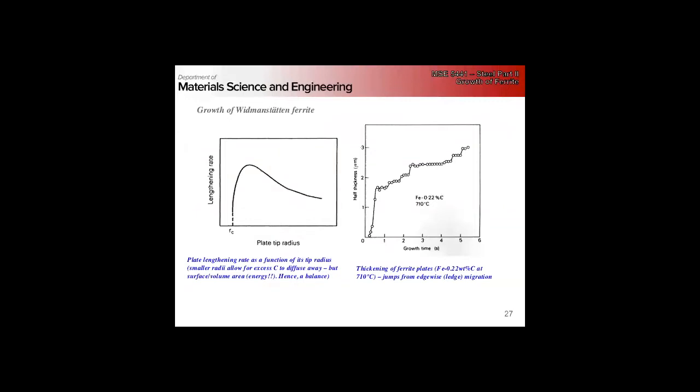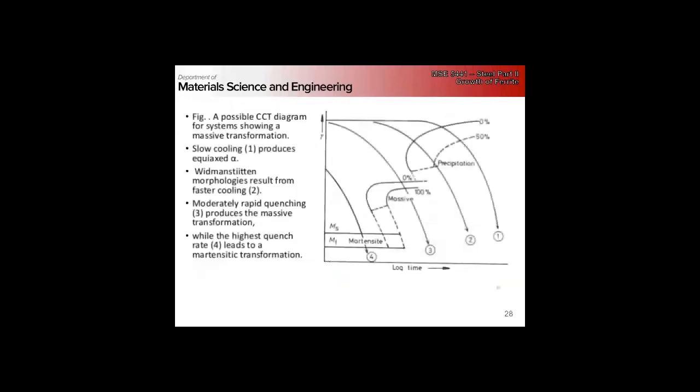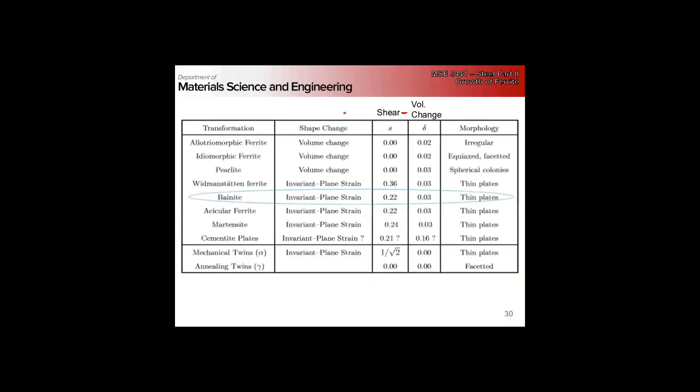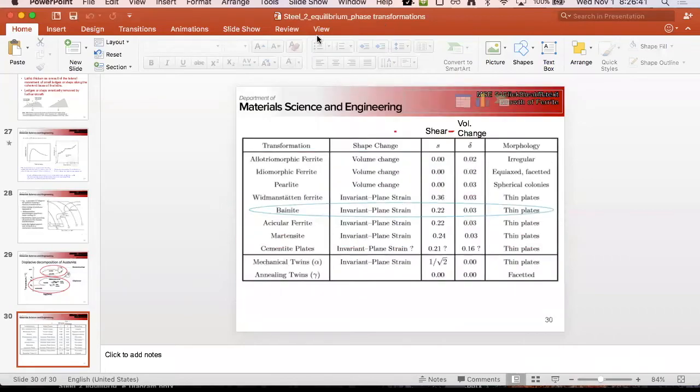If you monitor a single ferrite plate with time, you see these sort of bursts as the individual ledges go across. Okay. So that's reconstructive ferrite growth.